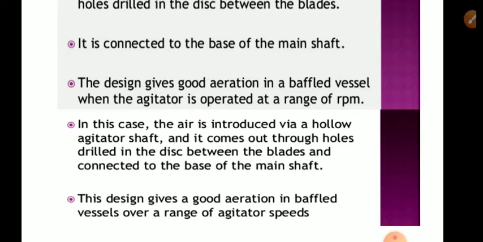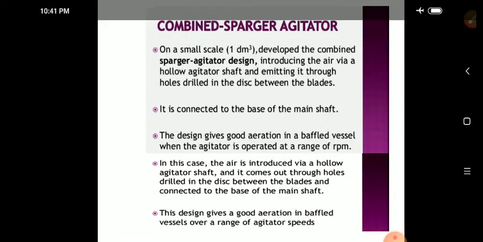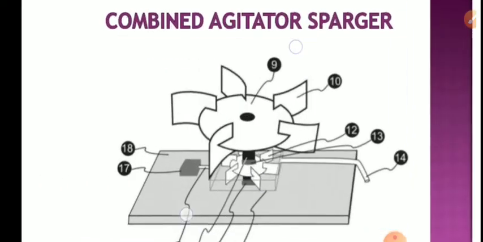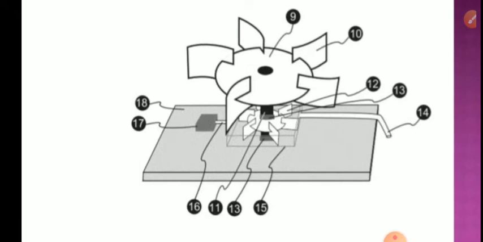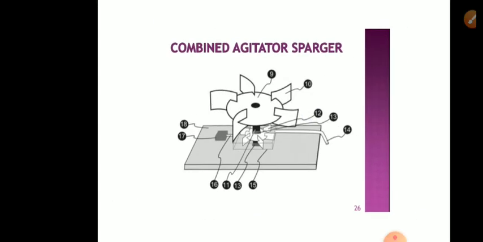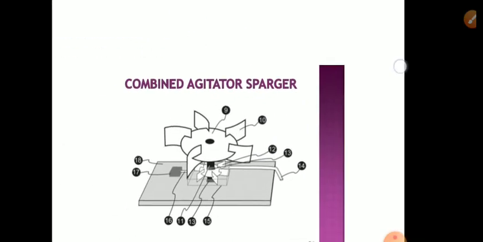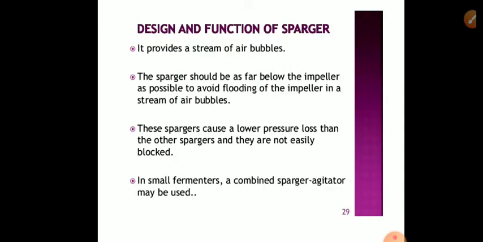The disc design gives good aeration in baffled vessels over a range of agitator speeds. So this is combined agitation and aeration, where the impellers have holes through which air can be put inside the vessel. So this is about impeller air injection.